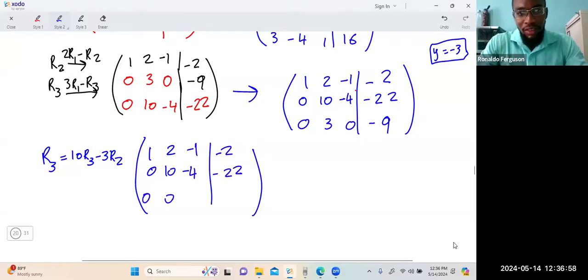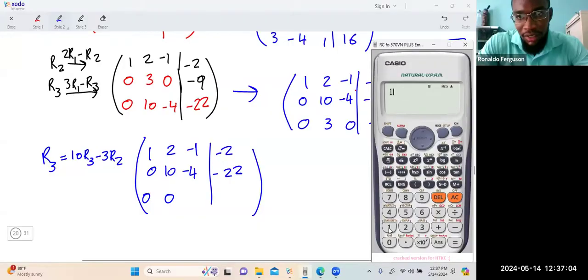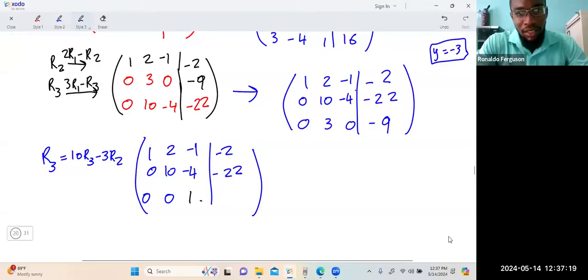0 here, 0 there, and then now I go 10 times row 3, 0, minus 3 times row 2, which is minus 4, is 12, positive 12 here. So this part is 12. And now I'm dealing with these two numbers. So 10 row 3.